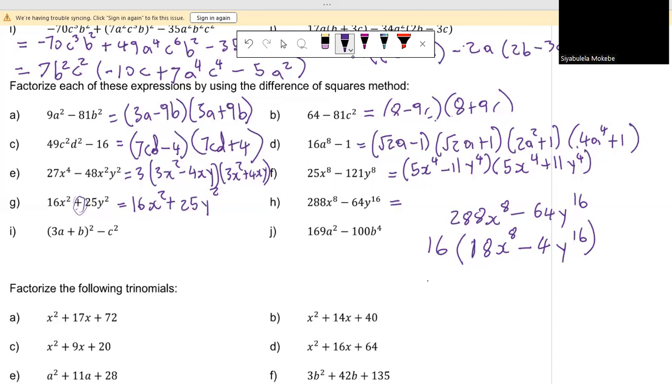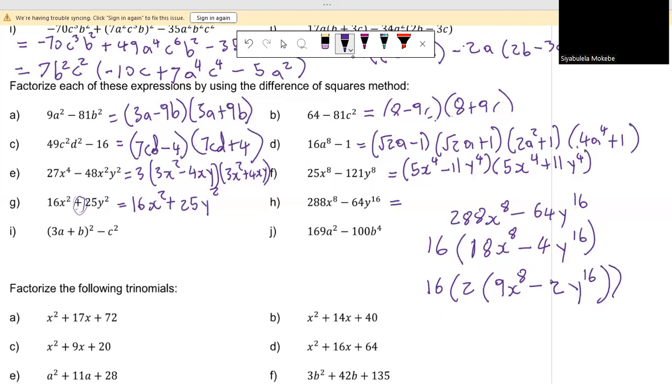So we can take out the highest common factor again, which is 2. Take out 2, we're left with 9x to the 8 minus 2y to the 16.